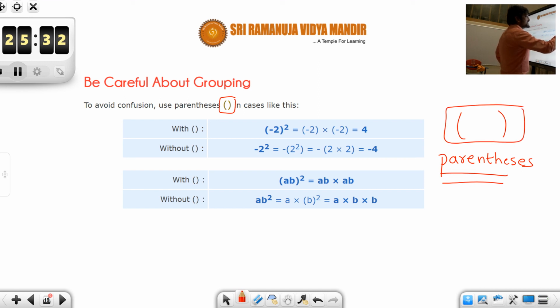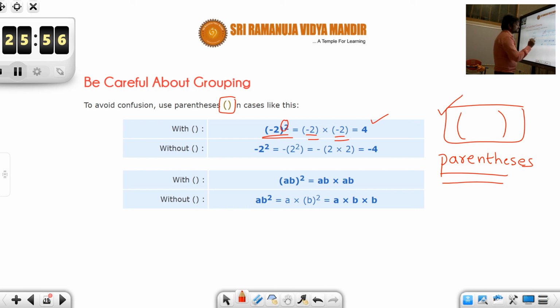From now on you will be using these symbols quite frequently in algebra, so get used to these symbols. So now, minus 2 whole square, again this is an exponent, a positive exponent. So what do we do? Multiply the number with itself how many times? 2 times. So minus 2 into minus 2 is equal to 4.